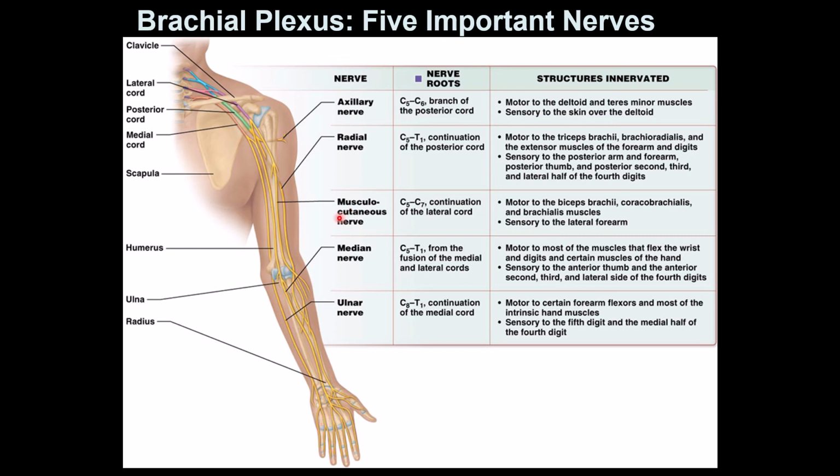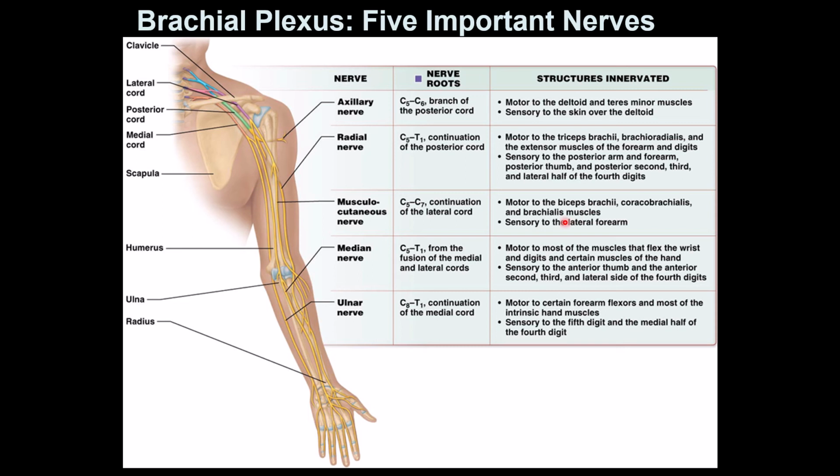Then there is the musculocutaneous nerve, and it comes here and supplies the muscles that cause flexion of the elbow, for example coracobrachialis, biceps brachii, and also brachialis muscle. Coracobrachialis also causes flexion and adduction of the shoulder.